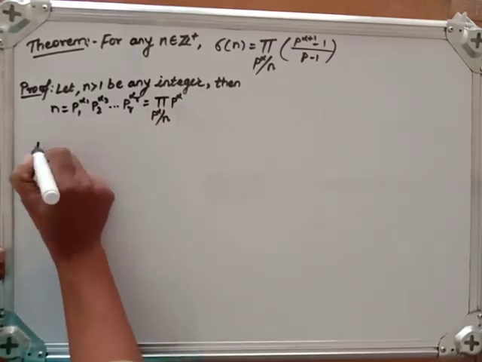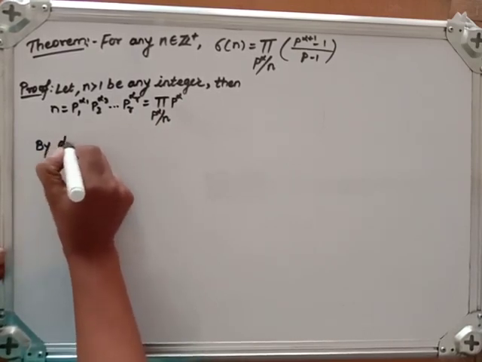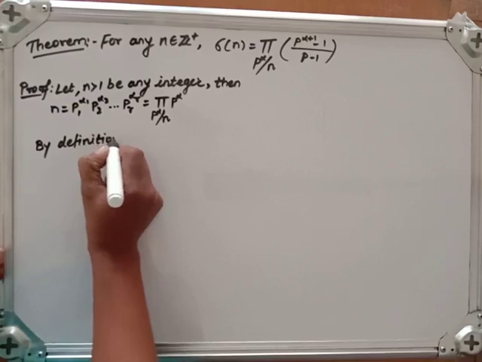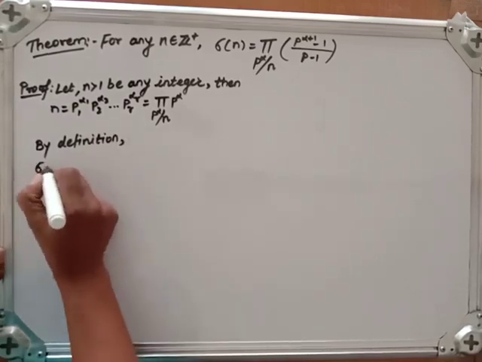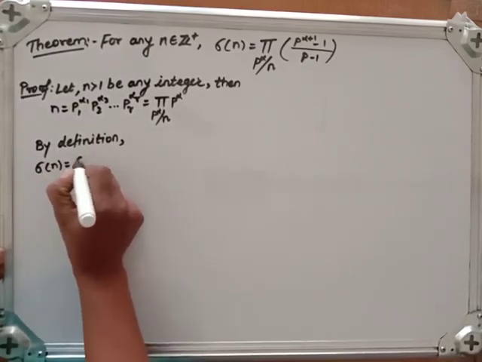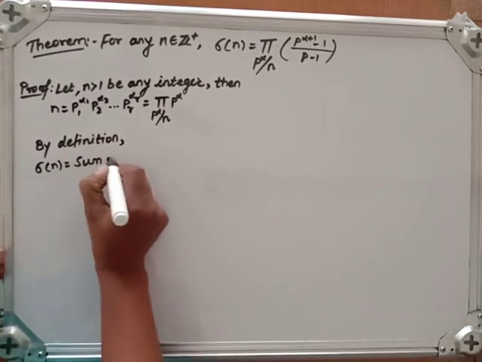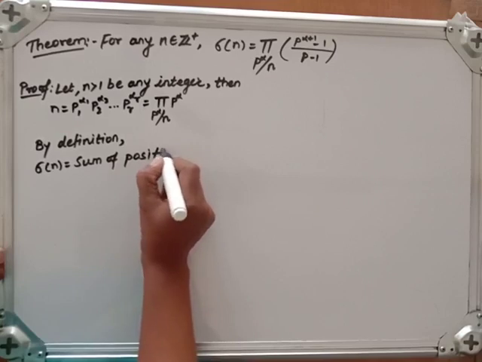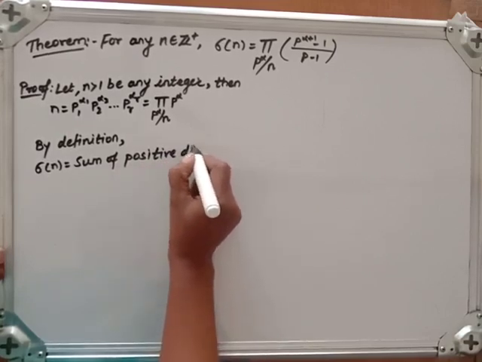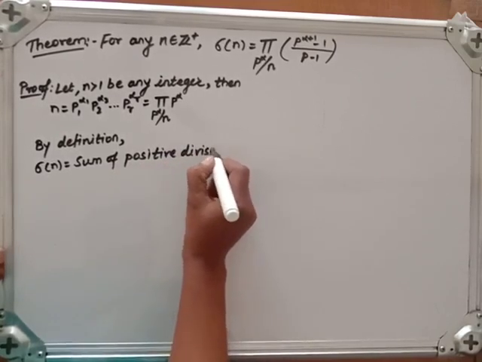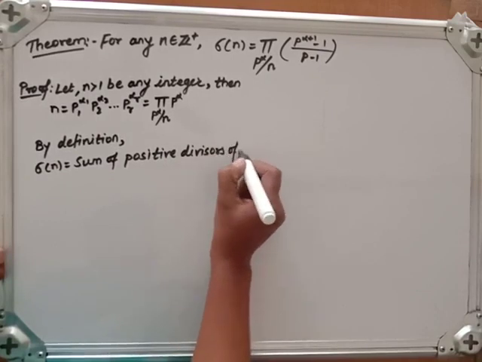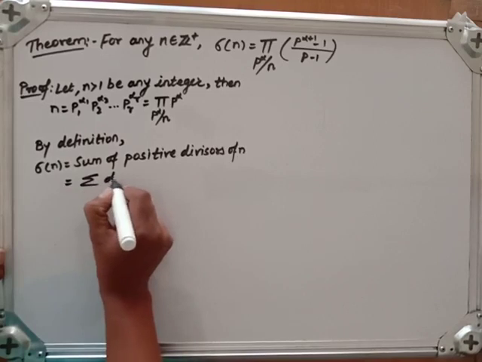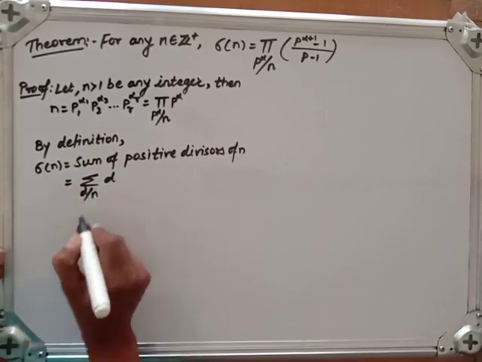Now by definition, sigma n is equal to sum of positive divisors of n, that is equal to summation d divides n.